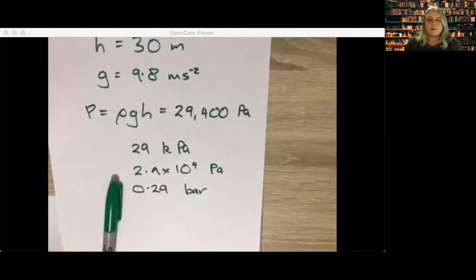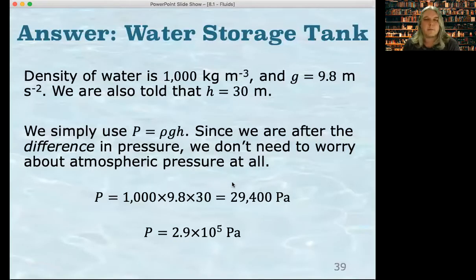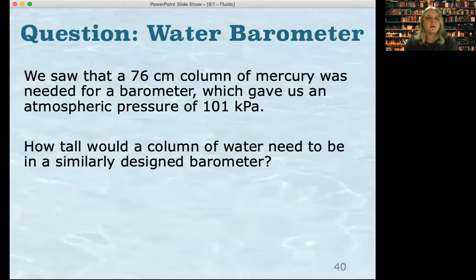That was a fairly straightforward one, just making sure you're happy with that calculation and the concept of just needing the height in order to get that pressure. The next question is about a barometer. We saw that for a mercury barometer, you only needed 76 centimeters in order to match atmospheric pressure.